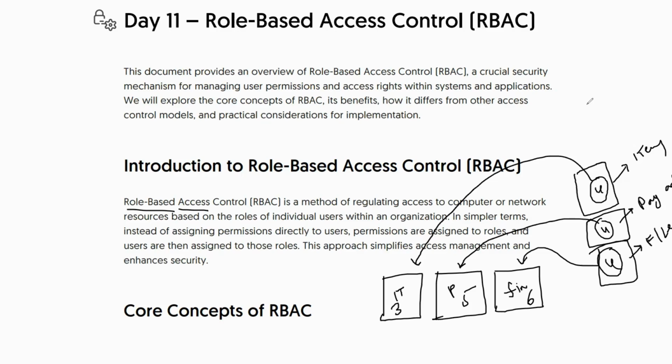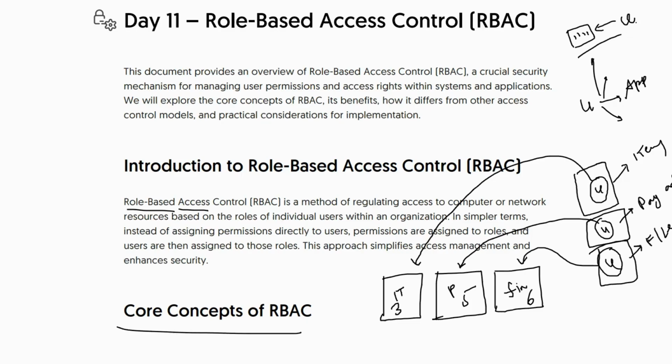But the purpose is you're not going and assigning users and tagging that to applications, because this permutation and combination goes multifold and it is difficult to manage. Instead, you create a role, assign all the applications, and tag a user here based on the role.